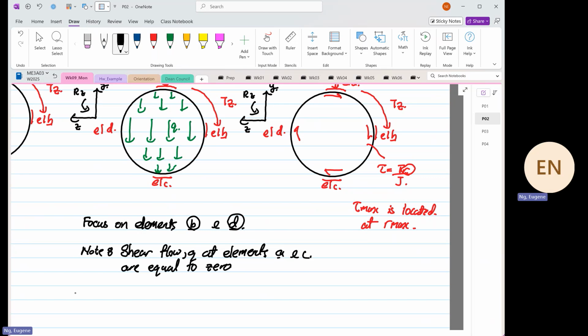So if we look at element B, right, the shear stress at element B will be equal to what?